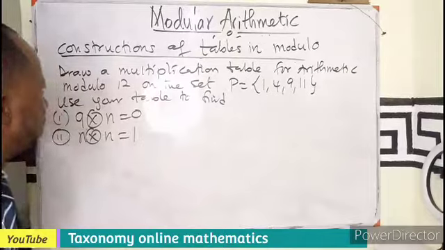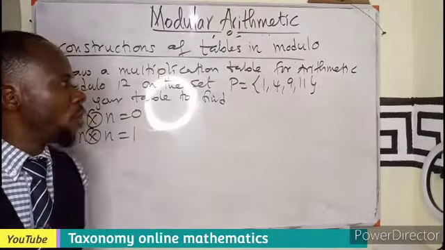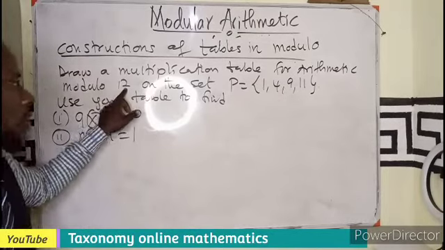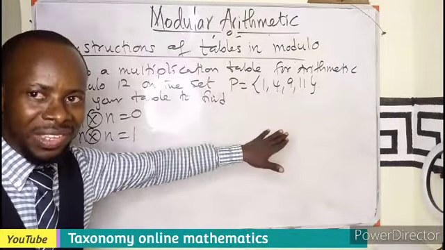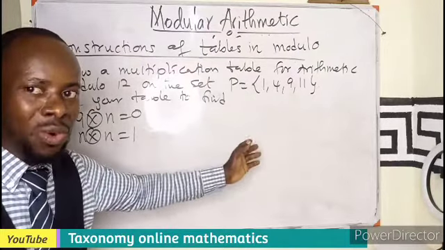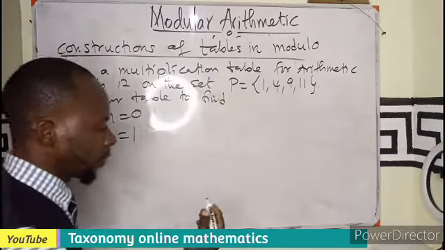Alright, let's see this question. Draw a multiplication table for arithmetic modulo 12 on the set. This is the set given to you. So we have been given a set, which you don't have to start from 0 up to 11. So let's do that first.